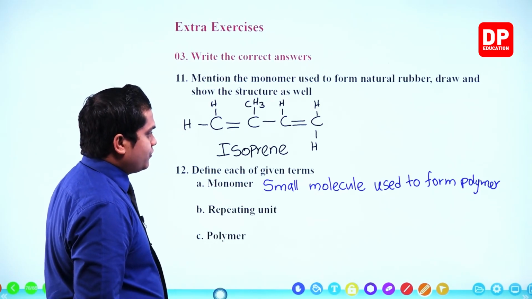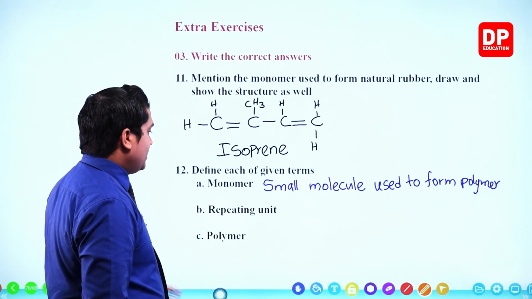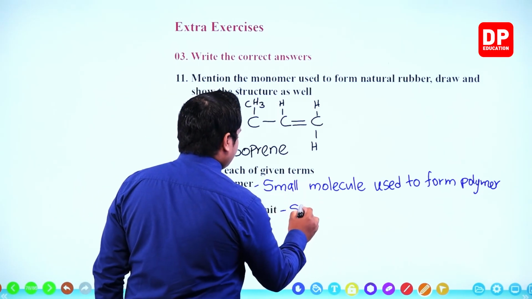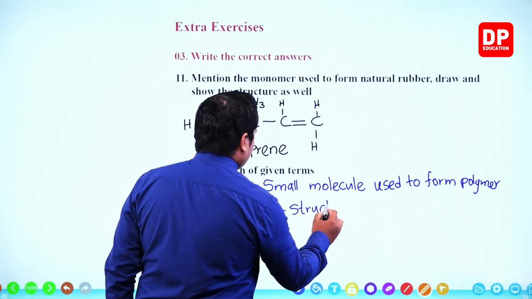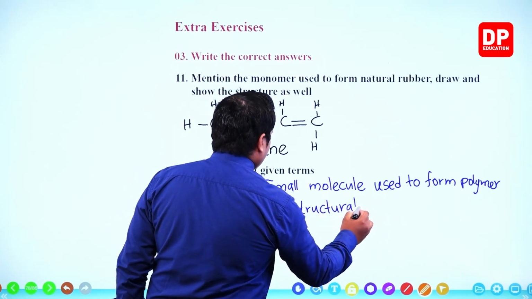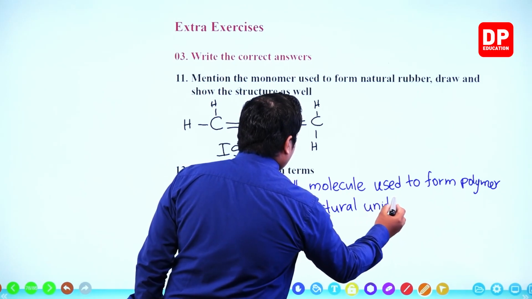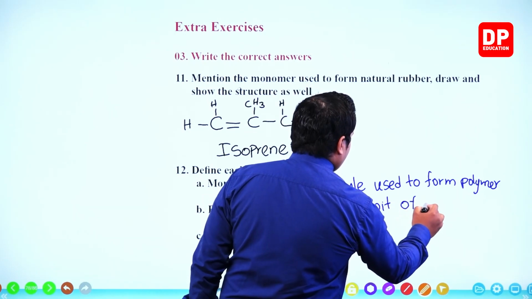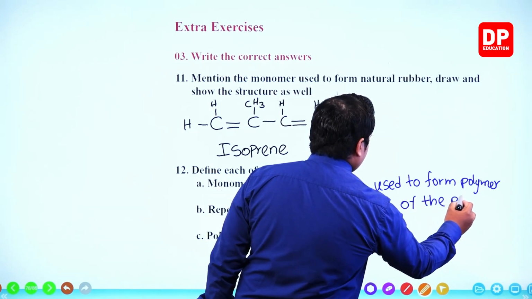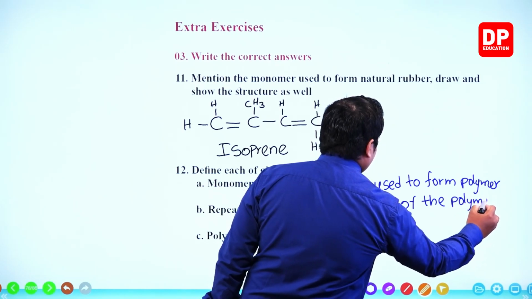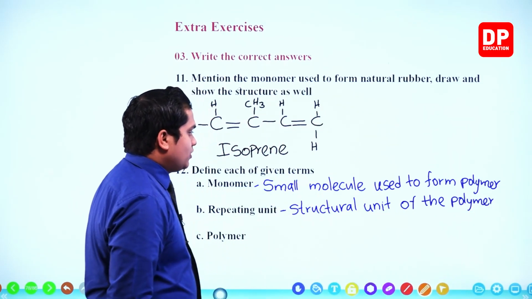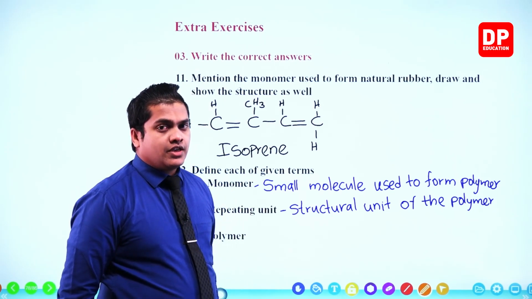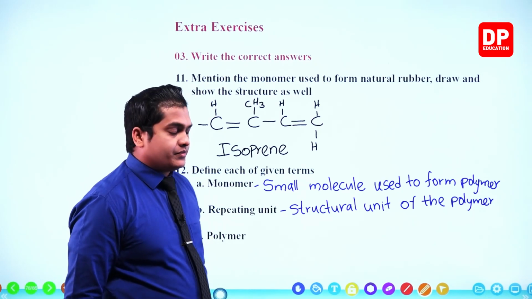Small molecule used to form a polymer. Repeating unit, this is the structural unit of the polymer. It means that repeating units are the ones which get joined to each other several times in order to create the polymer, right?